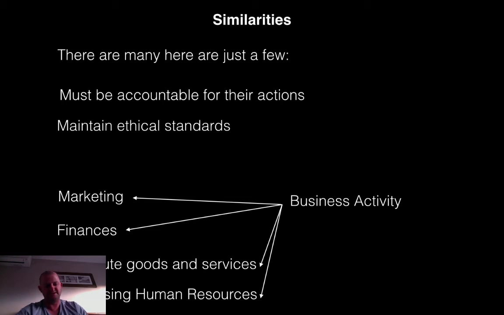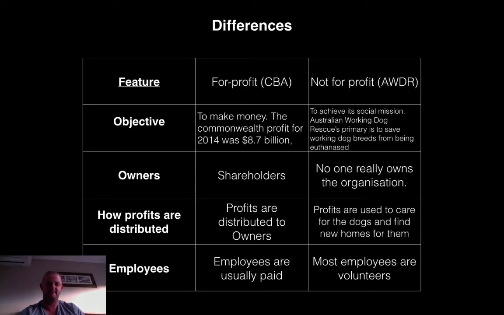Both organisations must maintain ethical standards. That is, they must do the right thing. They also have marketing, finances, distribution of goods and services, and organising of human resources. So that's a summary of the general business activities of a for-profit or a not-for-profit organisation.